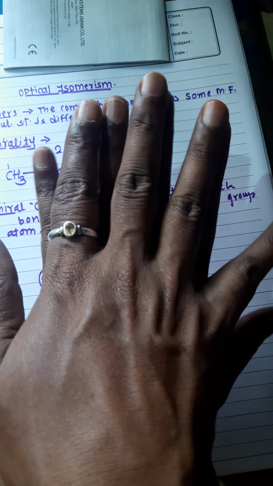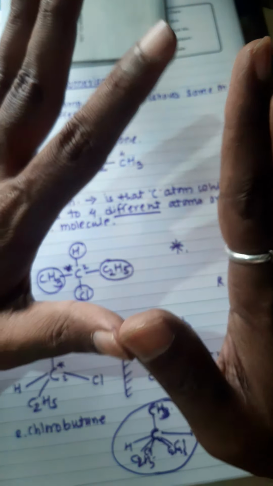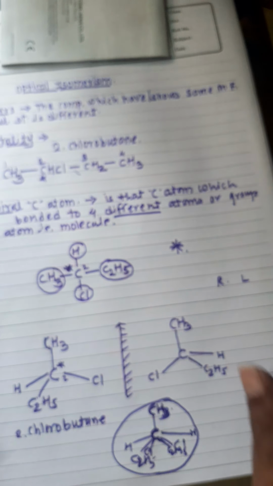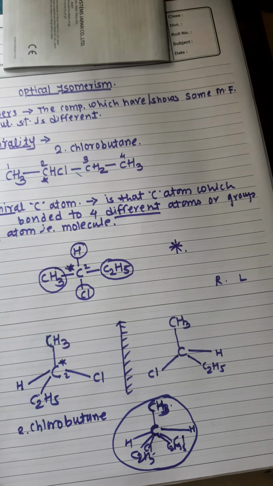They are non-superimposable mirror images of each other. Look here, there is a thumb, there is an index finger. Our hand also shows a chirality center.